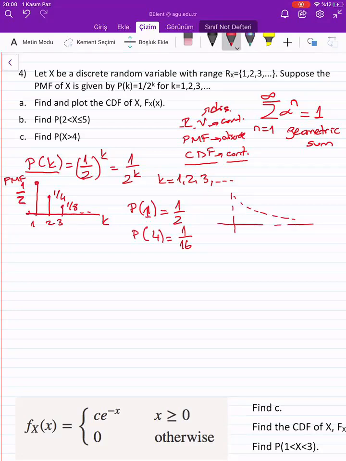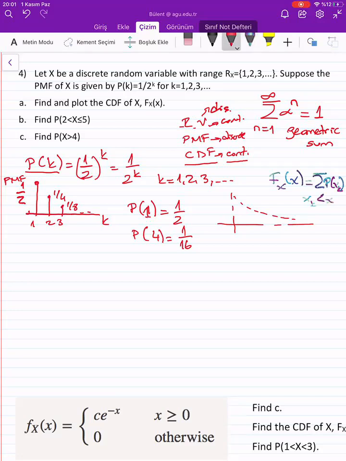So now if we talk about the CDF of x, what should we be careful about? For the CDF, if you remember, our relationship was like this, right? Let us put here F_X(x) is the sum of p(x_k) over all x_k less than x, okay?